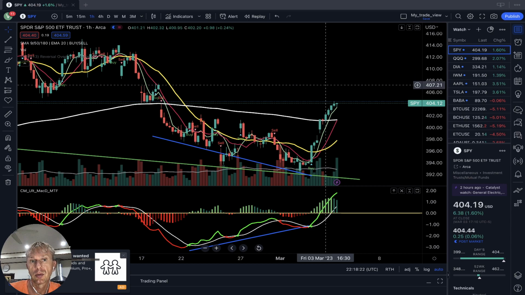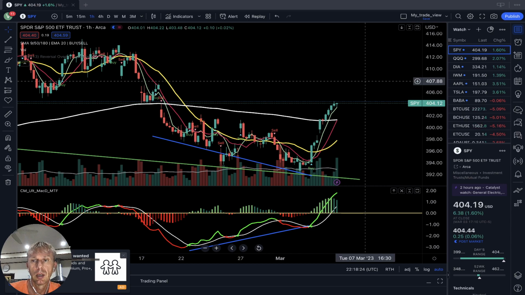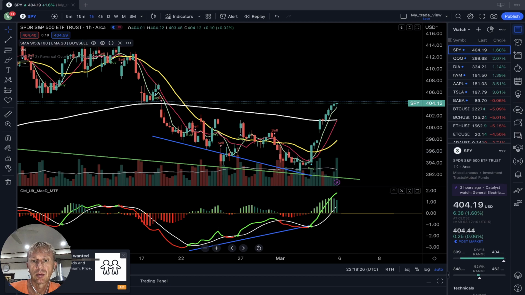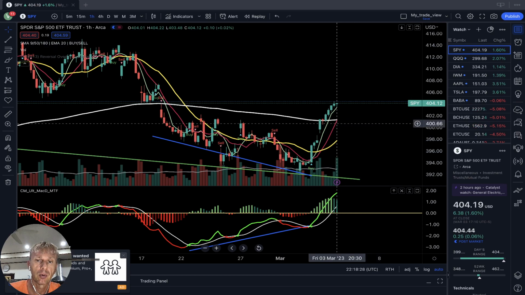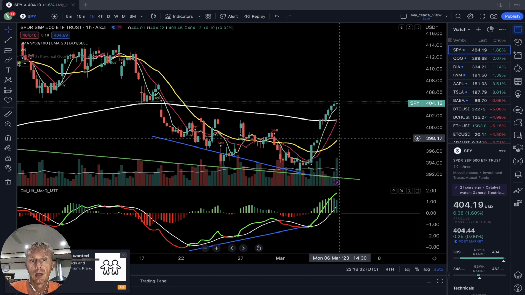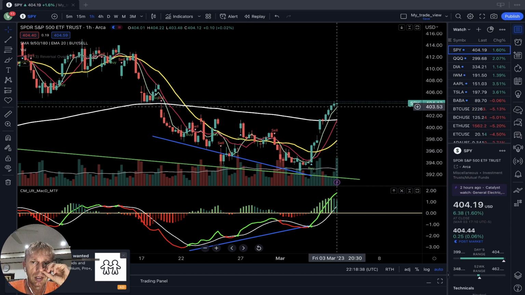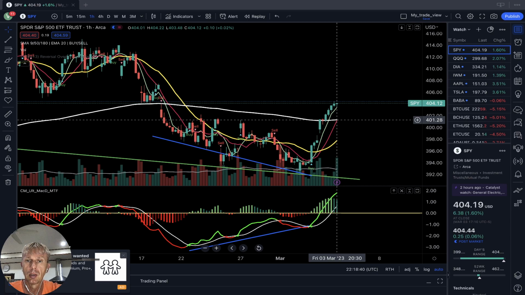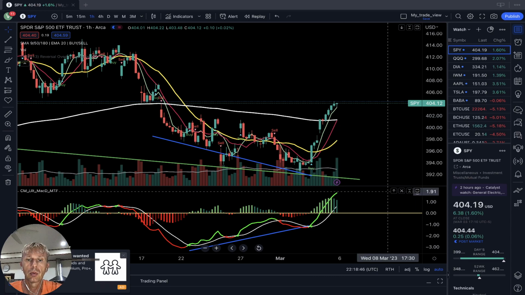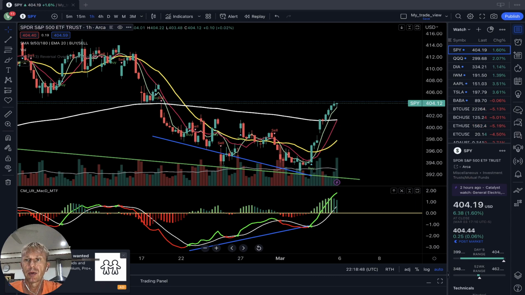We'll see if it's going to close on Monday or if it will have some correction, because now it's far from MA20, right? The last bar is far from MA20, and we know the rule: it always wants to connect to MA20, but before that it has to connect to MA10, and it has to retest MA200. Bullish trend on the 1 hour and 4 hour time frames for SPY.